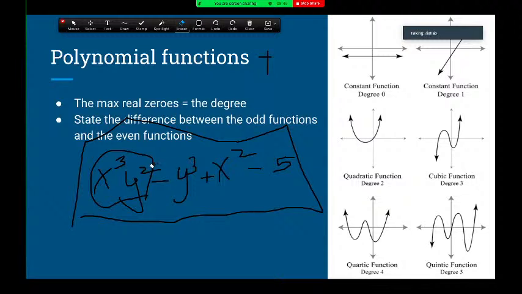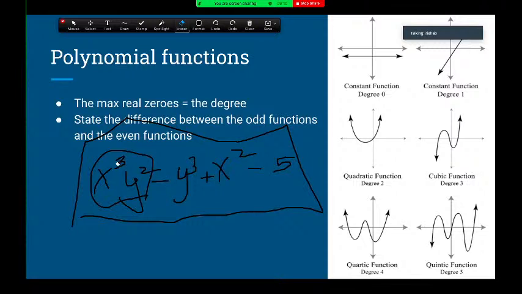So it has to have the highest total degree, meaning you have to add up all the exponents in the term. If you have a 1, you should add that too. Just add up all the exponents in there.